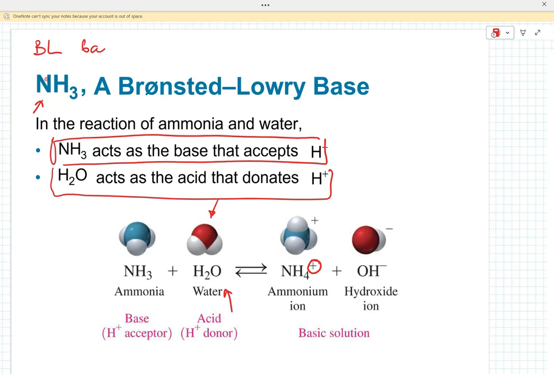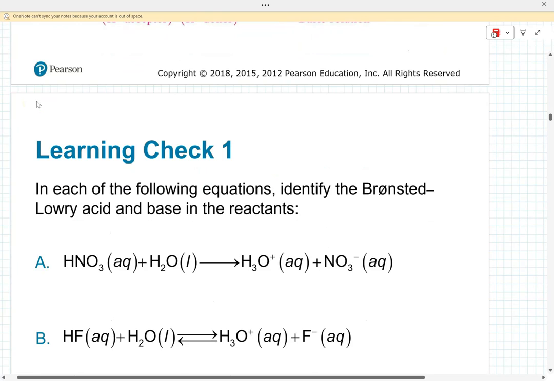A Bronsted-Lowry base accepts hydrogen. A Bronsted-Lowry acid donates hydrogen. Okay?